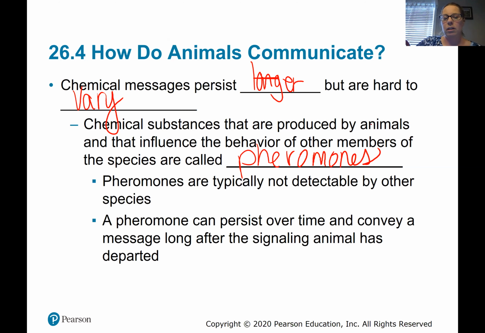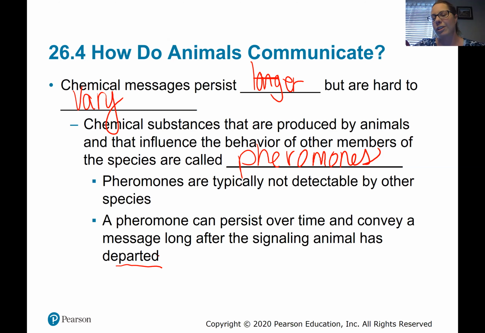And they're longer lasting, so even after the animal has left the area, that scent may still be there. So there are different species of animals that release pheromones during breeding season, and a male can track a female over several miles because the long-lived pheromones are still in the place that she was.